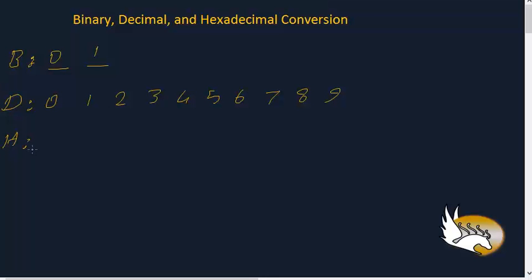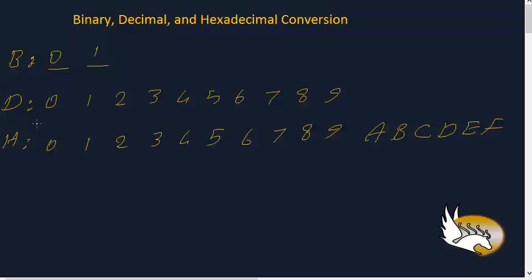In hexadecimal, we have 0, 1, 2, 3, 4, 5, 6, 7, 8, 9, 10, 11, 12, 13, 14, and 15. Because we cannot use two different digits to show these numbers, we use letters to show them. So A is 10, B is 11, C is 12, D is 13, E is 14, and F is 15.